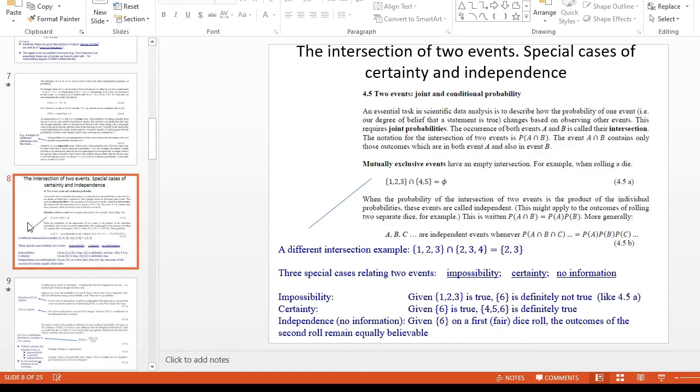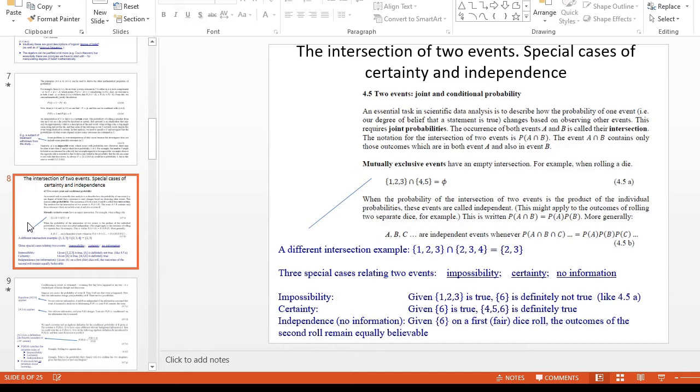It looks like an N, but it's not. The symbol isn't exactly an N. You want, in Equation Editor, \cap. So the event A intersection B contains only the outcomes which are in both event A and also event B.